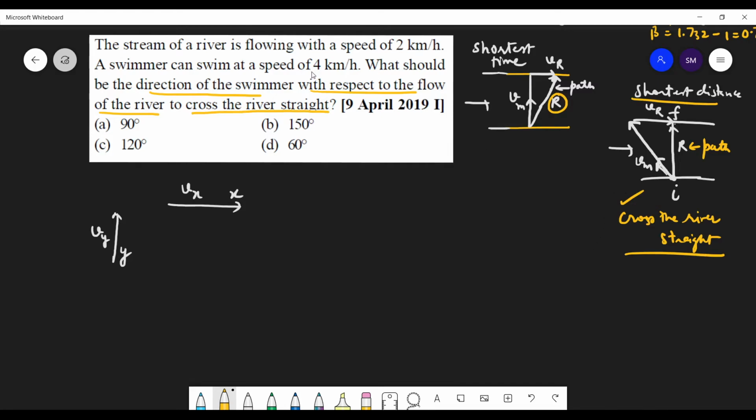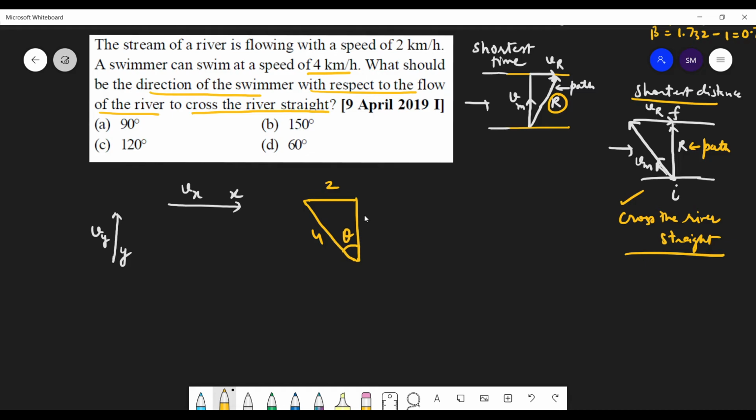So Vm is given to you as 4 km per hour, so this is 4. And the stream of the river is flowing with 2 kilometers per hour, so that's 2. Now in which direction? Let this angle be theta.